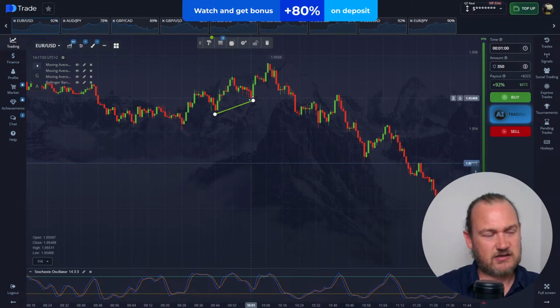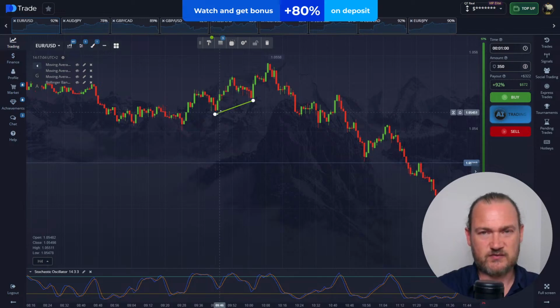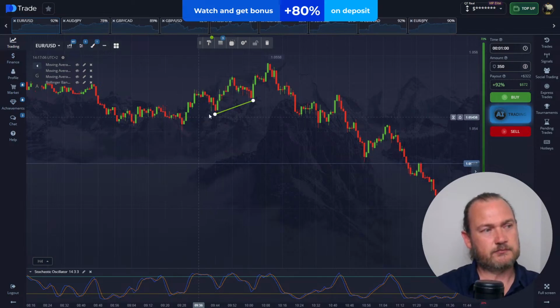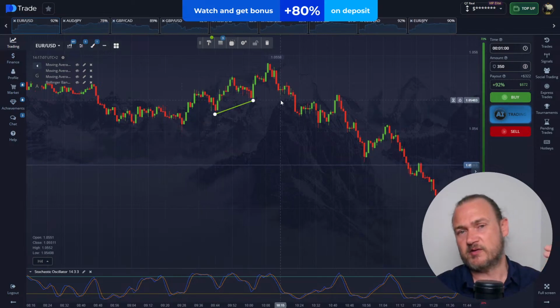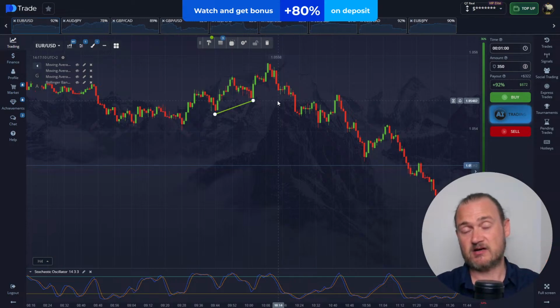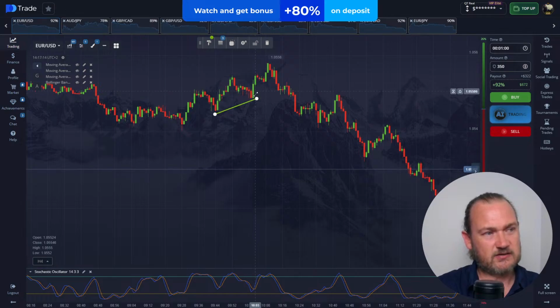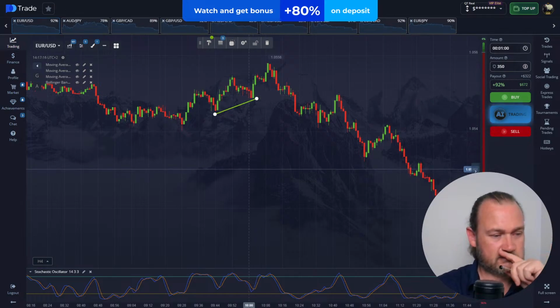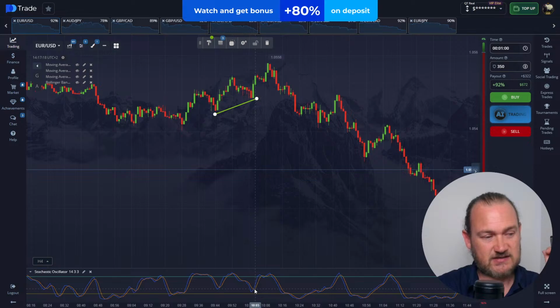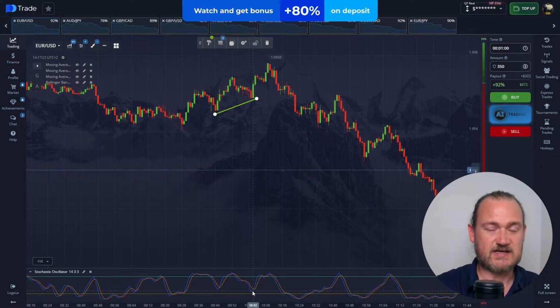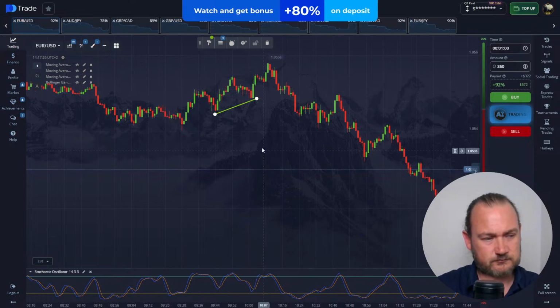This low here is higher than the previous low, which is typical of a bullish movement. Price makes higher highs and higher lows. In this case, price made a higher low, but my stochastic, as we can see, made a lower low. So that is hidden bullish divergence, and we could have taken a trade here.